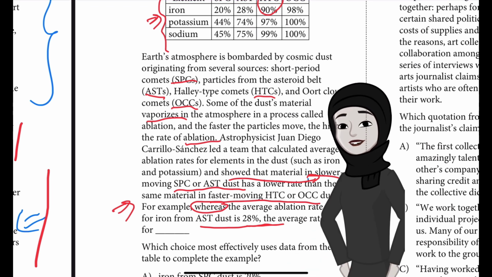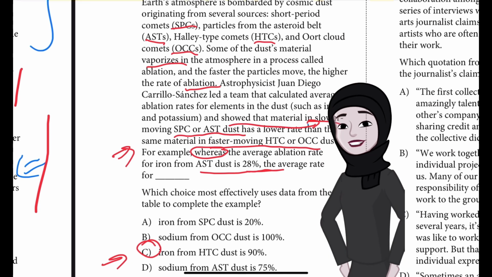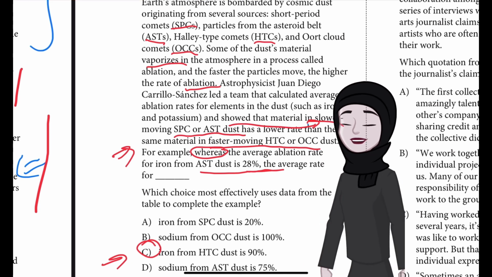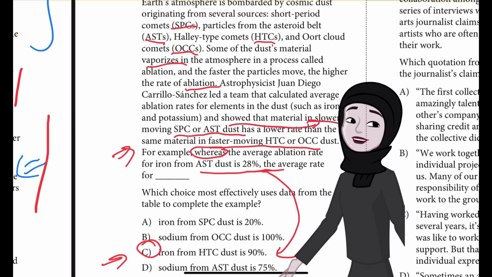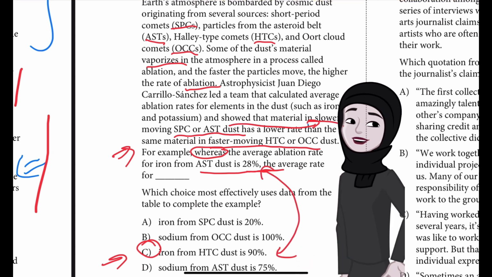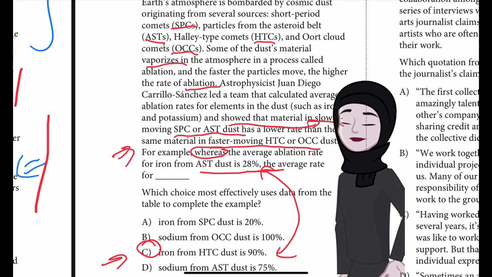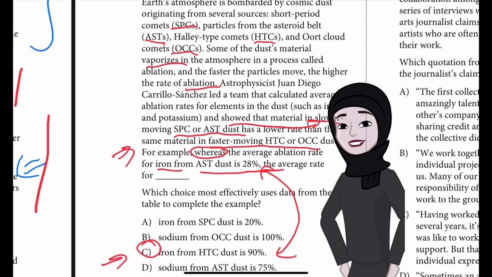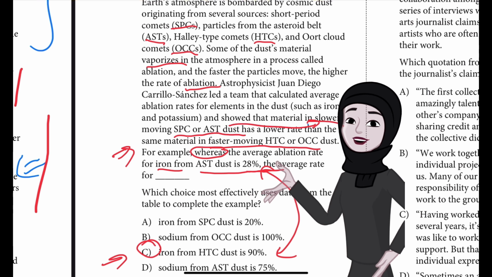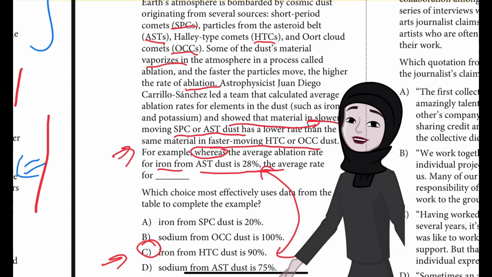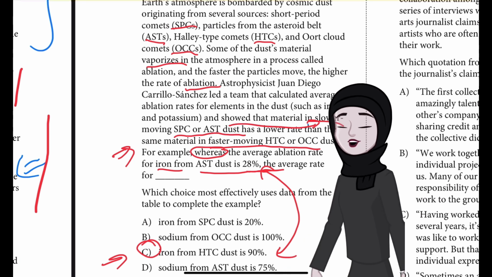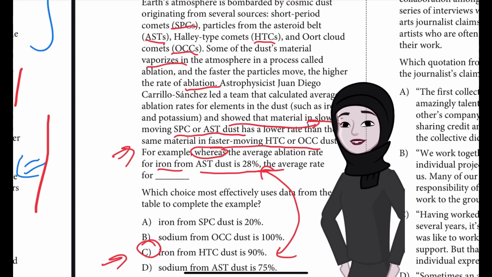So if we are comparing the same element, for example iron from AST, which is slow, is 28%, and we directly compare it to the faster moving HTC at 90%, for the same element iron we are able to give a comparison between a faster moving and a slower moving dust. So the important thing is to maintain the same element, and because of the word whereas we have to compare a slower one to a faster one.